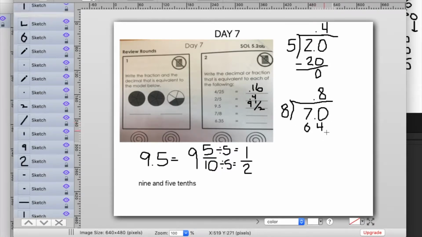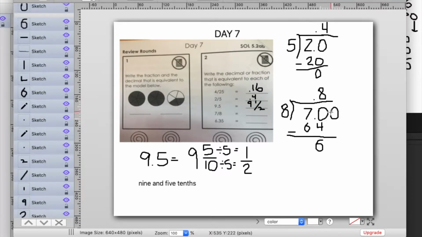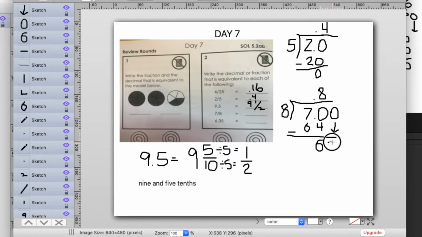You're right. I subtract. I've got 70, take away 64. That will be 6. I need to bring down another 0. Bring down that 0. I end up with 60. So now 8 into 60.